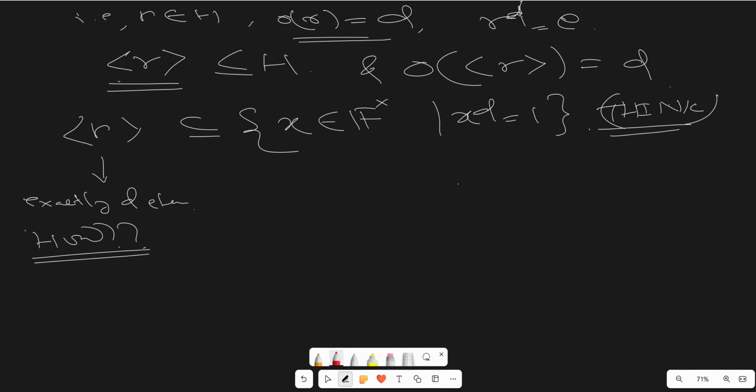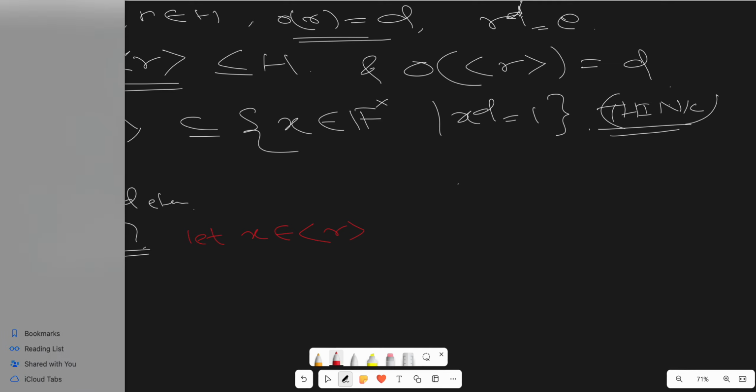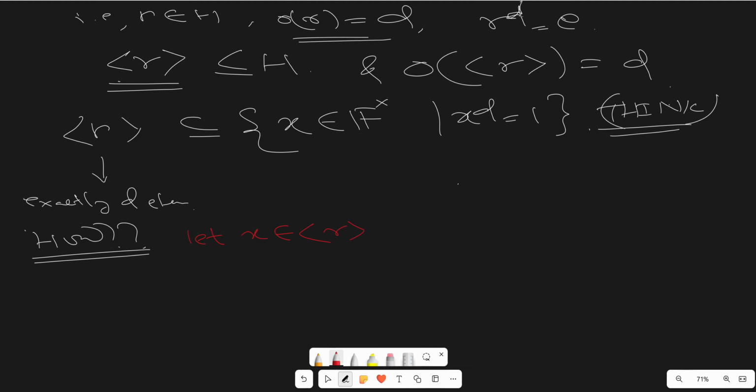Let x be any element of the subgroup generated by r. This is a subgroup of H, right? So suppose x is an element inside this subgroup, and this subgroup has order d, so the order of x will divide d.